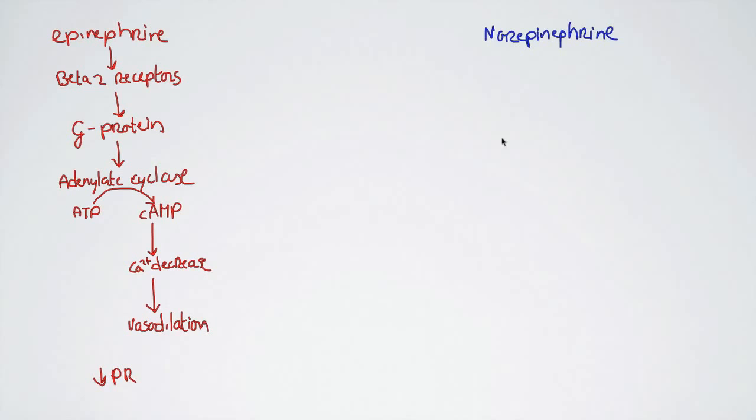Now let's talk about norepinephrine. So let's come over here, and norepinephrine is going to activate a different type of receptor, and we're going to call those alpha receptors. And then that is going to activate a G protein once again.